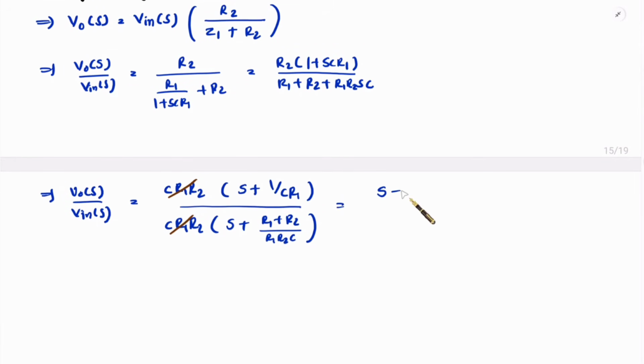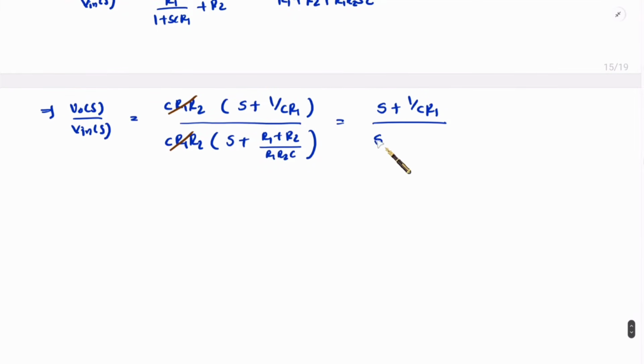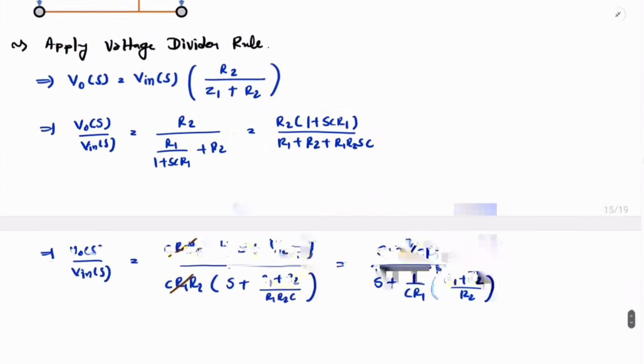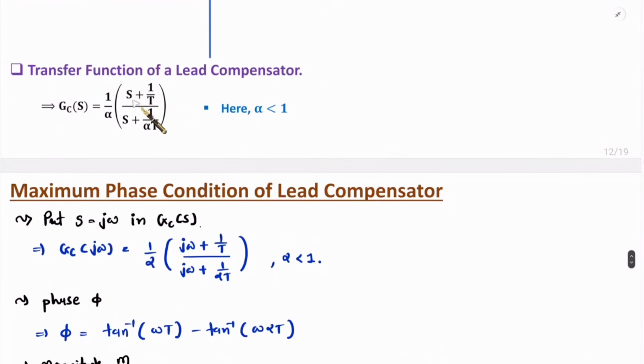So in the numerator we have S plus 1 by CR1, and in the denominator, if you carefully observe, we have 1 divided by CR1 times R1 plus R2 divided by R2. If you carefully observe this term, it is similar to the standard form. In the standard form, in the numerator we have S plus 1 by T, and in the denominator we have S plus 1 by alpha T.